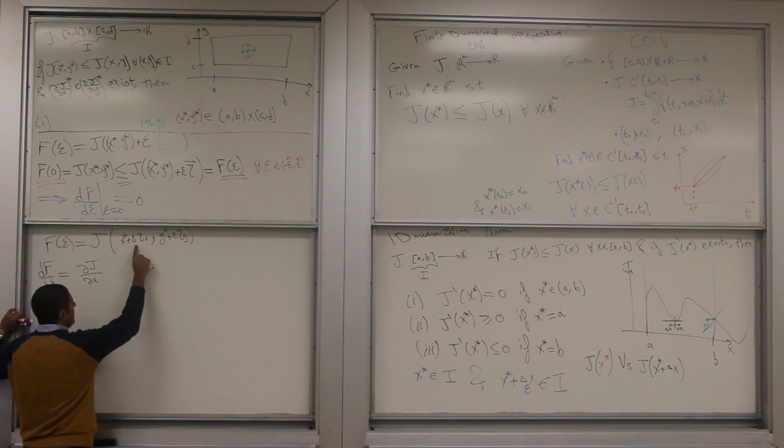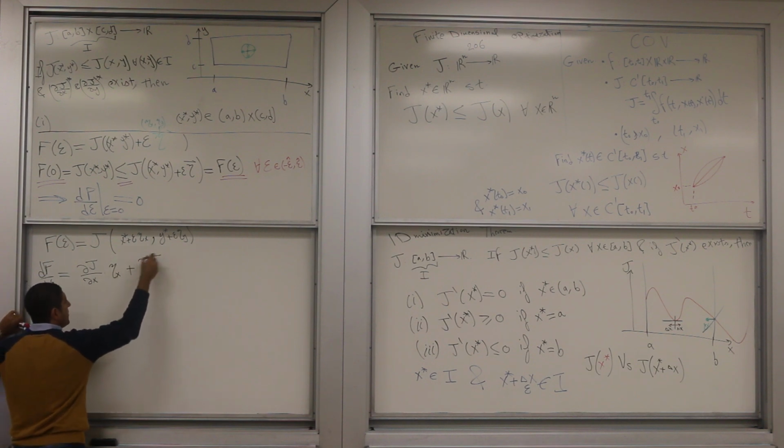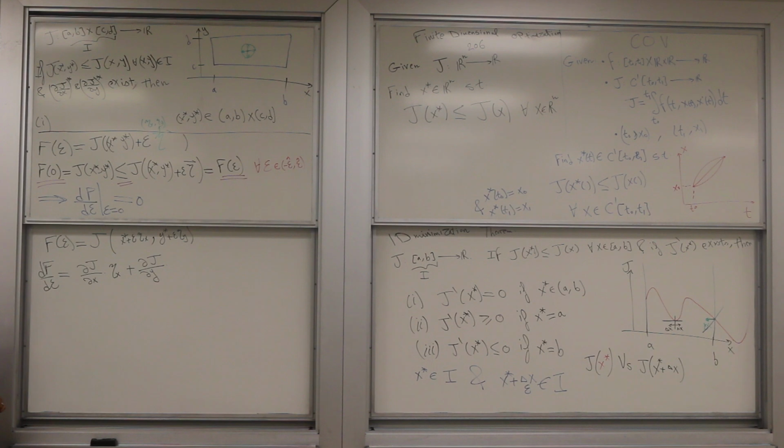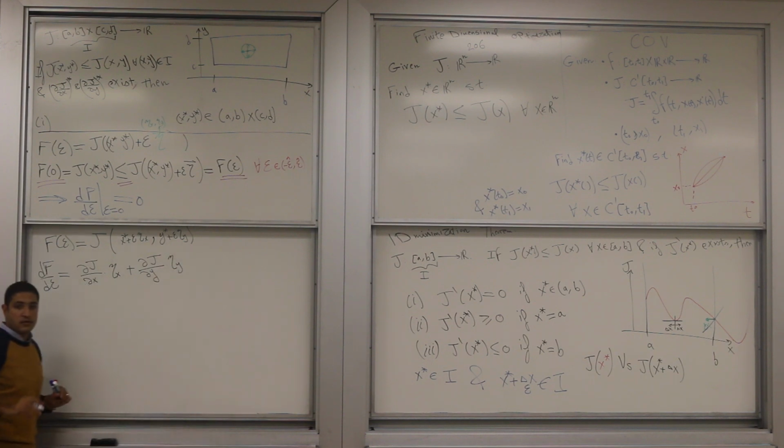What's the derivative of this with respect to epsilon? It's eta x, right? Plus partial J, partial the second argument, which is y, times the derivative of the second argument with respect to epsilon. What's that? Eta y. Any question here? Just chain rule.